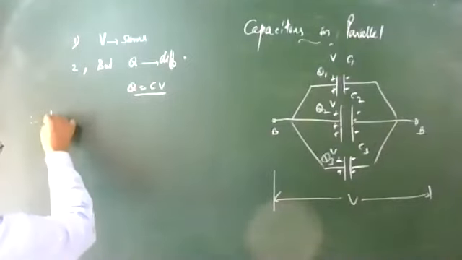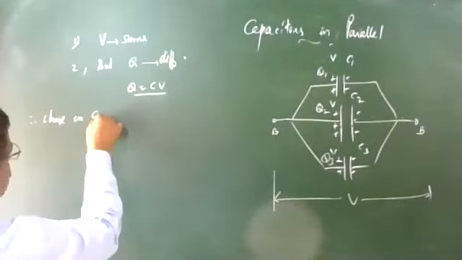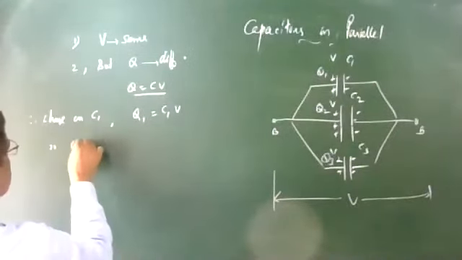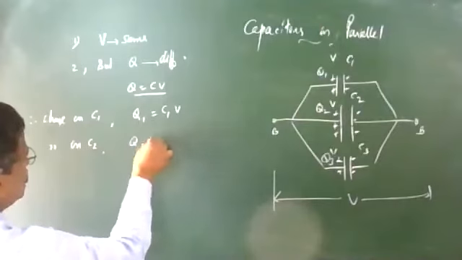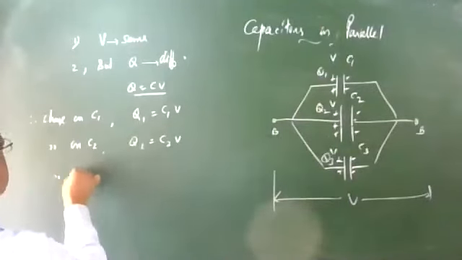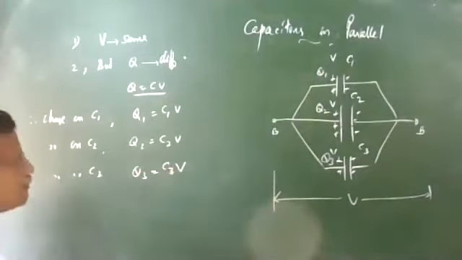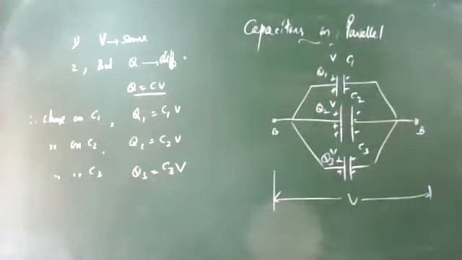Therefore, what is the charge on the first capacitor? Q1 equals C1 into V. Charge on the second capacitor is Q2 equals C2V. Charge on the third capacitor is Q3 equals C3V. So what is the total charge on the capacitor system?